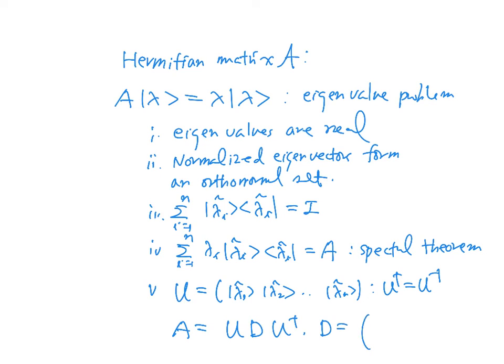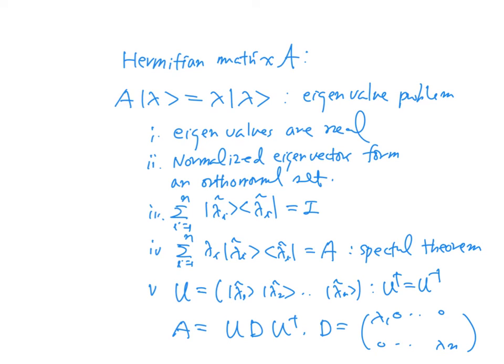D is simply the diagonal matrix composed of eigenvalues lambda 1 through lambda n. So these are the properties of a Hermitian matrix. These are very nice properties. And the most important property is the spectral theorem, and probably the last one.